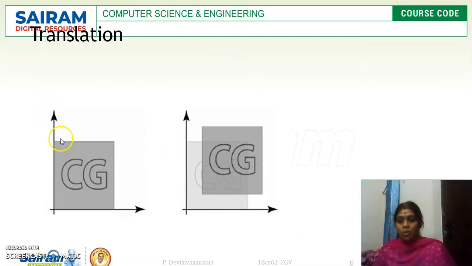Here the square object, inside they have written CG, is moved from the origin to this place. In the x side as well as the y side there is a difference. This distance is called tx as well as ty, the translation distances.